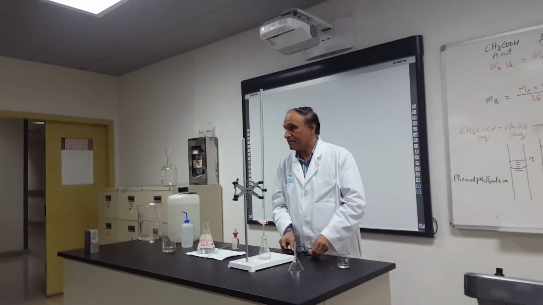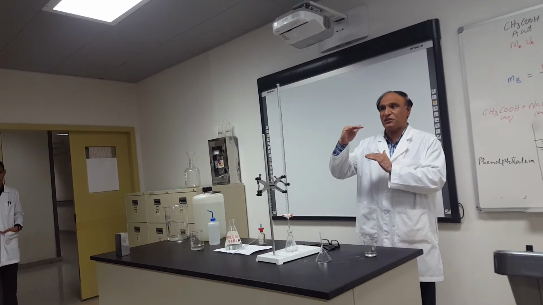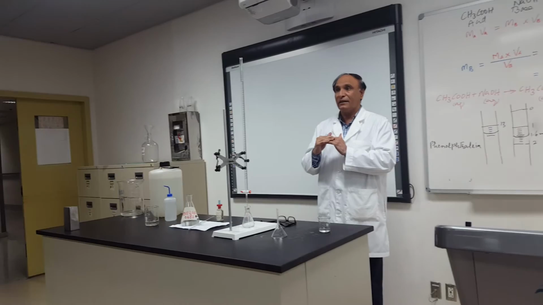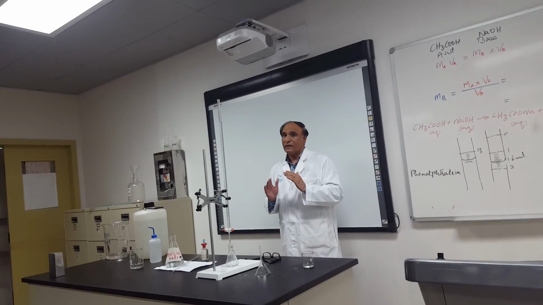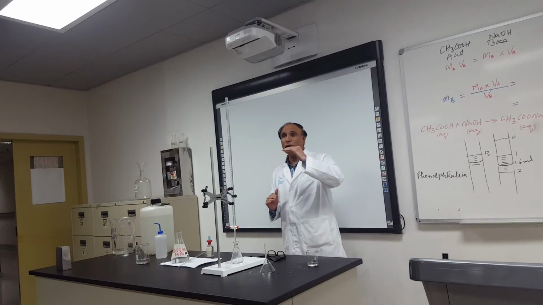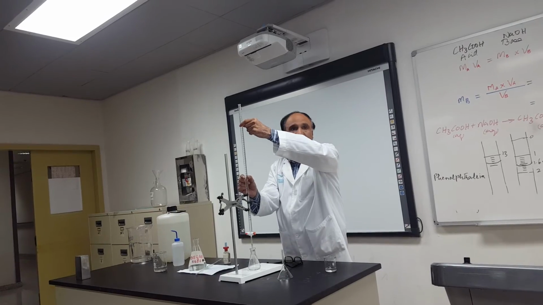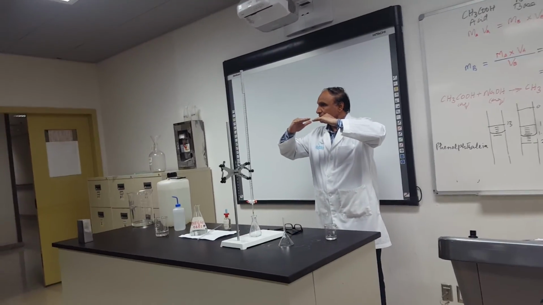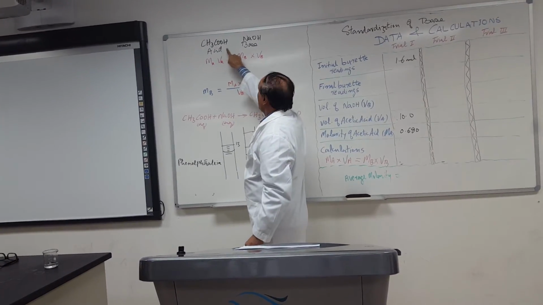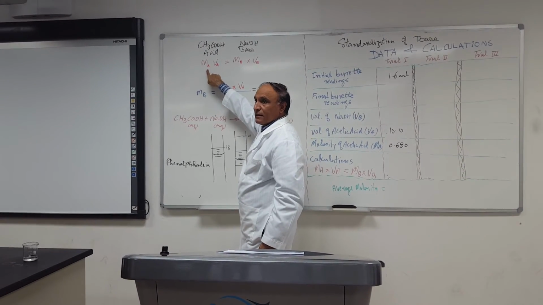Now listen carefully. When the pink color is established, not going, what does it mean? It means that the moles, you know mole? Yes. The moles of the sodium hydroxide equal the moles of the acid. We have a formula here. We have acid, we have base. M means molarity.